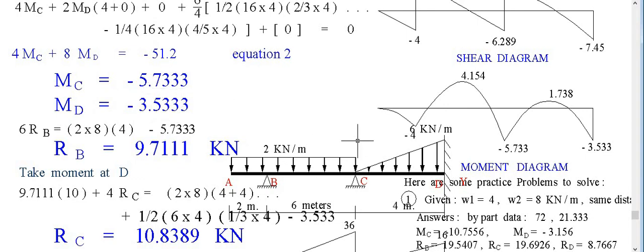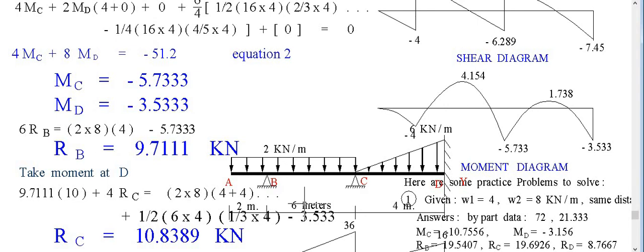If you place the direction arrow as clockwise here, do not place the negative, just 5.733. It is understood to be negative, but do not place the negative here with the arrow direction as clockwise. Okay, so moment at C, solving for RB.